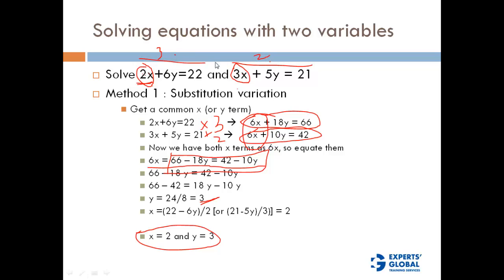The purpose of multiplying by 3 and 2 is that by doing so we'll get 6x on both sides. We'll define 6x in terms of y in one equation, then in the other equation, and both expressions will equate. So we'll get one equation with y. Ultimately we are doing the same thing, but the method of doing it is different.